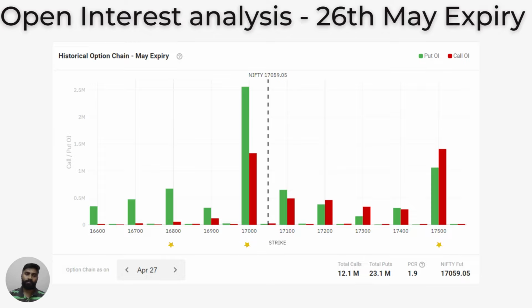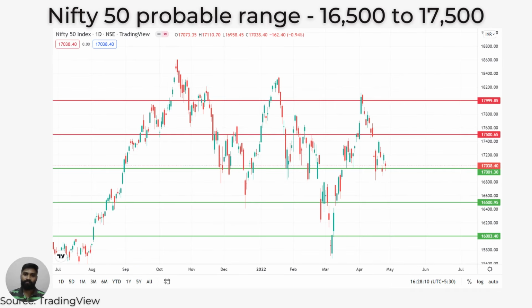So even though the open interest analysis for the next month's expiry is showing a very bullish trend, we have to incorporate the bearish trend shown by the heavyweight stocks when we construct the probable trading range for the Nifty 50. To start off with, there is a very strong resistance at 18,000 levels, and a very strong support at 16,000 levels as well.